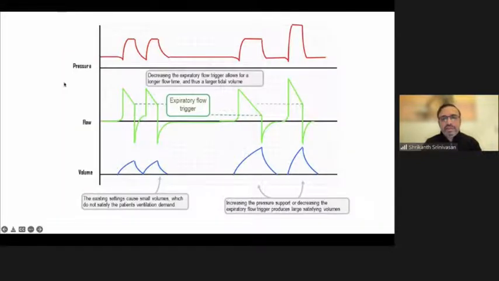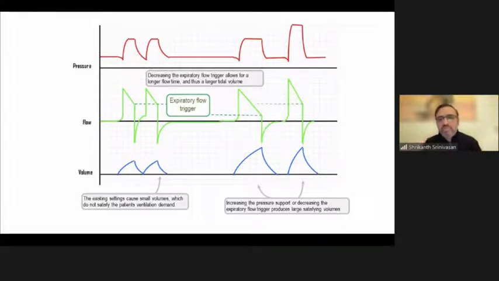So here you can see that if you set it at a conventional 25%, the cycling will occur. If you reduce the same expiratory cycling to around say 10%, then you have a longer inspiratory time and you have more chance that the patient will get as much volume as the patient requires. The inspiratory time is prolonged, so the patient's requirement for inspiration is met.